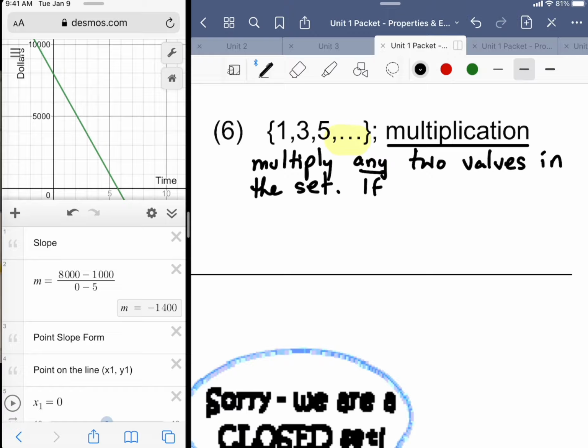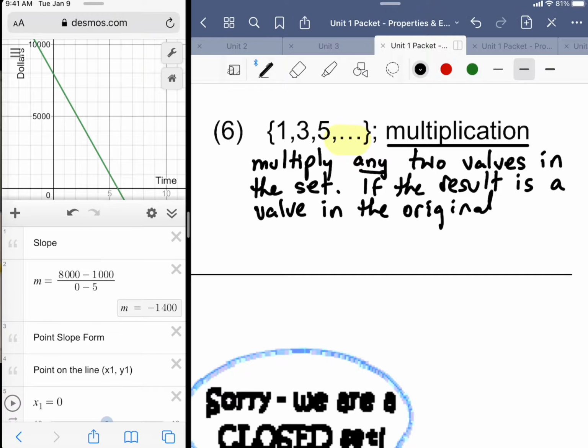If the result is in the set, so if the result is a value in the original set, then the set is closed. Specifically closed under the operation of multiplication, but that's a lot to write.